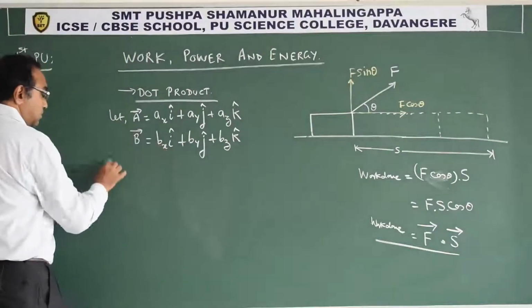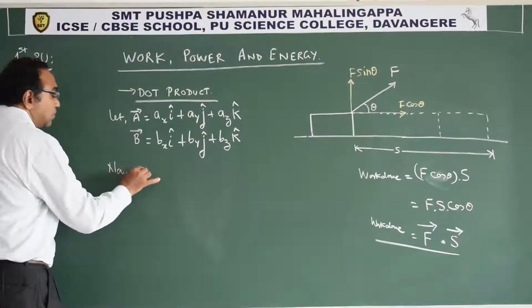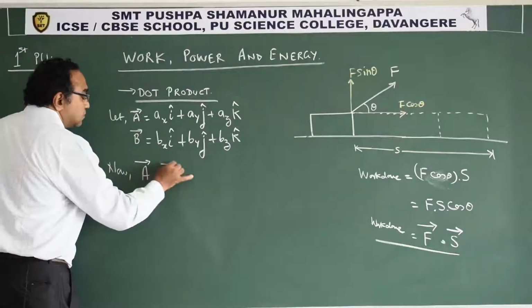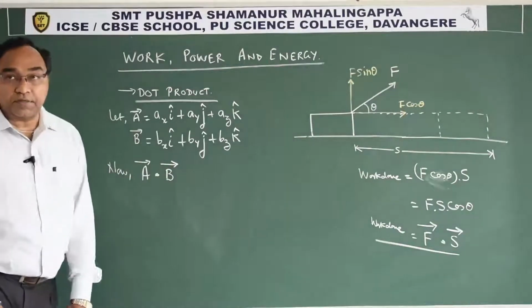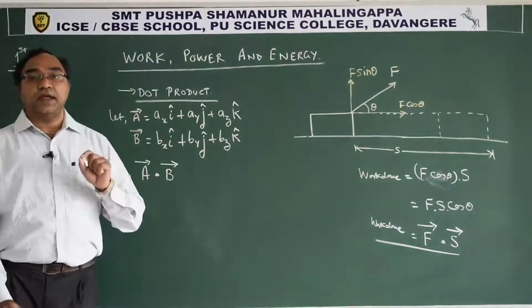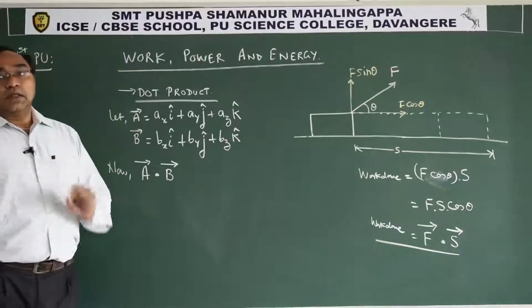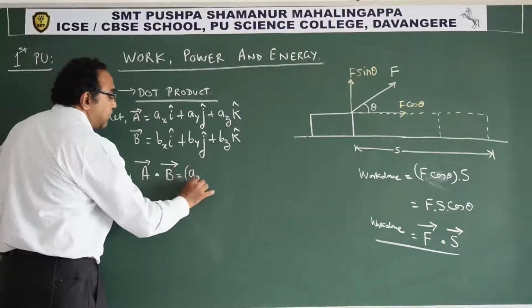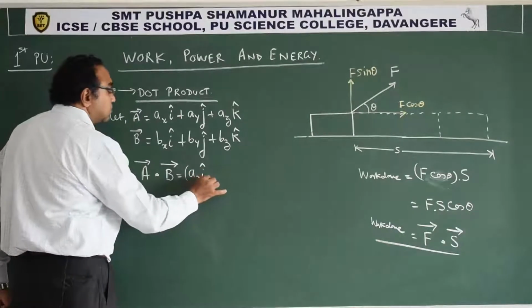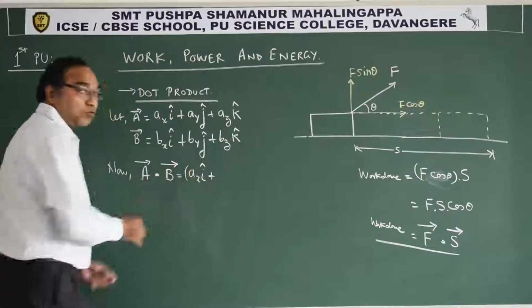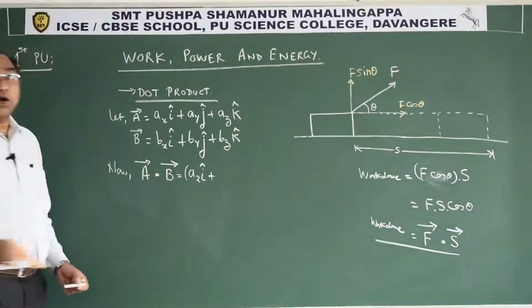Now, A dot B. We are finding A dot B. When we try to find the dot product, how exactly do we find it? First of all, we need to know how dot product is defined.